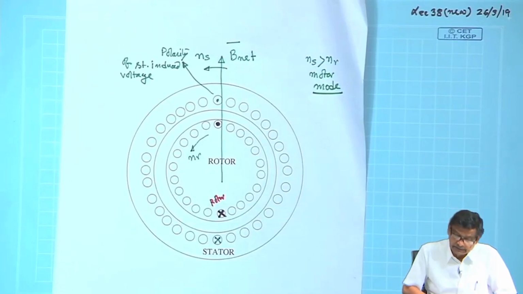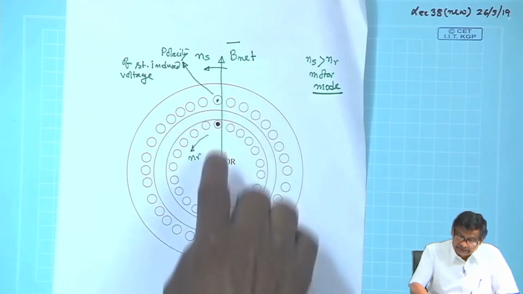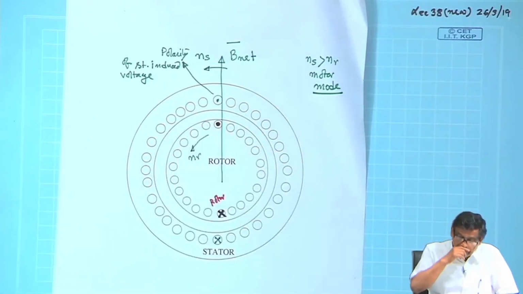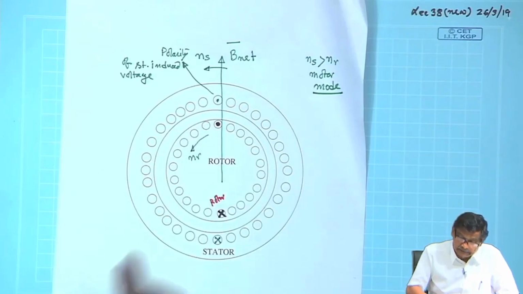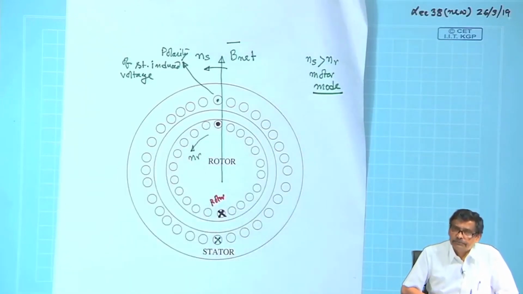But since the rotor circuit has a resistance and reactance, this is the polarity of the maximum induced voltage at this instant. The current in this conductor is not now maximum, and we have seen that in a 3-phase distributed winding, whichever phase carries maximum current, the field will be along that direction.